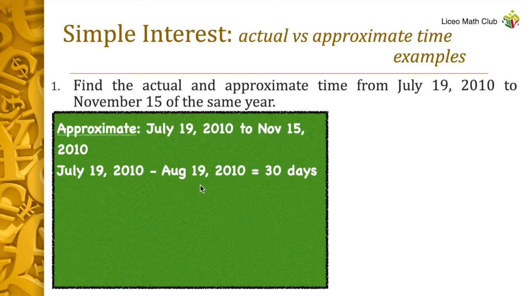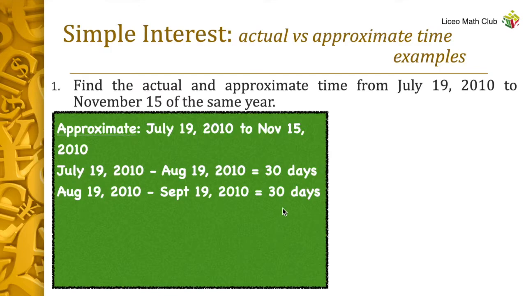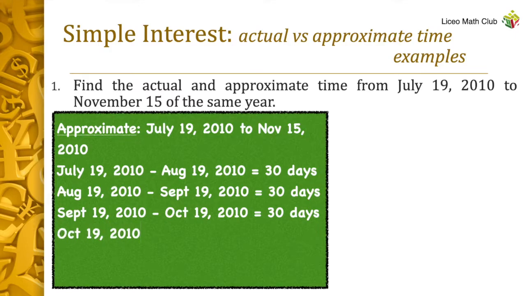Okay, now let's move on from August 19 to the next month, that is September. So August 19 of the same year to September 19 of the same year will give us still 30 days, since again it's approximate. Moving on this pattern, September to October will still give us 30 days, and October to November is still going to give us 30 days.